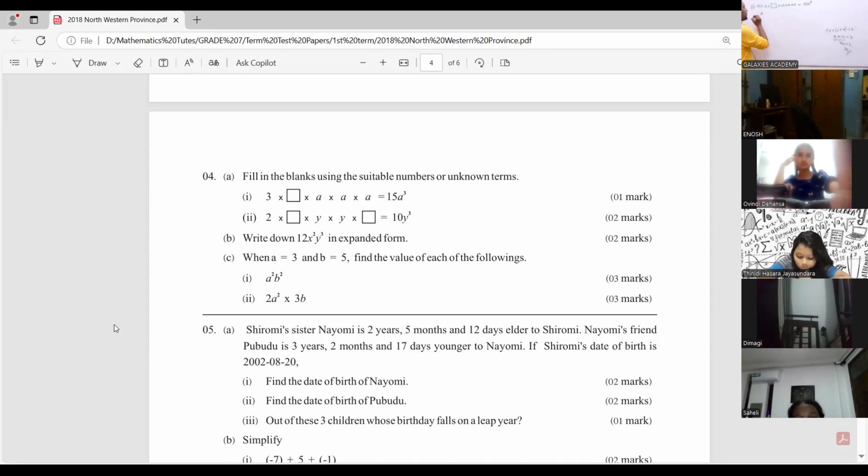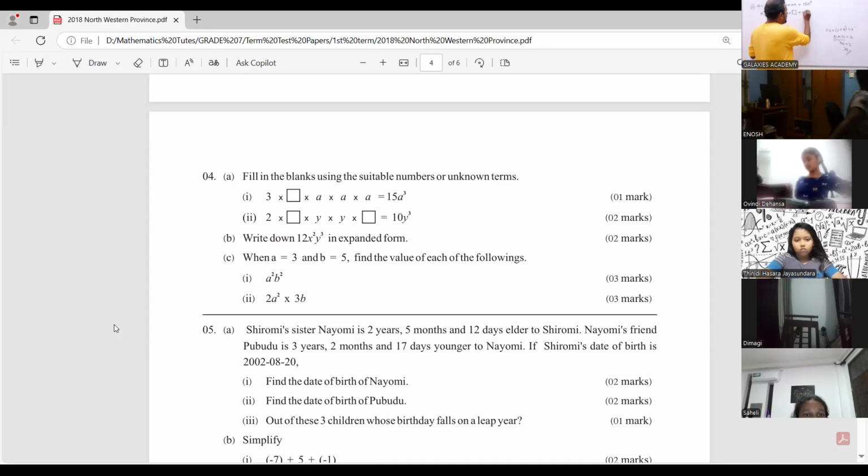And Roman number 2 given 2 multiply empty box multiply Y multiply Y multiply empty box equal 10 Y to the power 3. Okay, let's go to check the answers for these two parts.